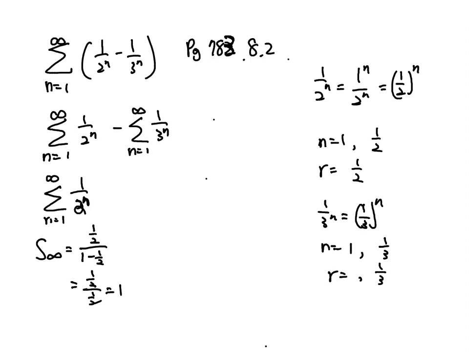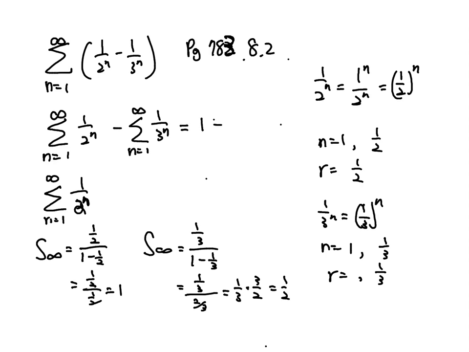So the sum for the second infinite series is going to be 1/3 over 1 minus 1/3, which is 1/3 over 2/3, which is 1/3 times 3 over 2. And that's going to give you 1/2. So our final answer is going to be 1 minus 1/2, which is 1/2.